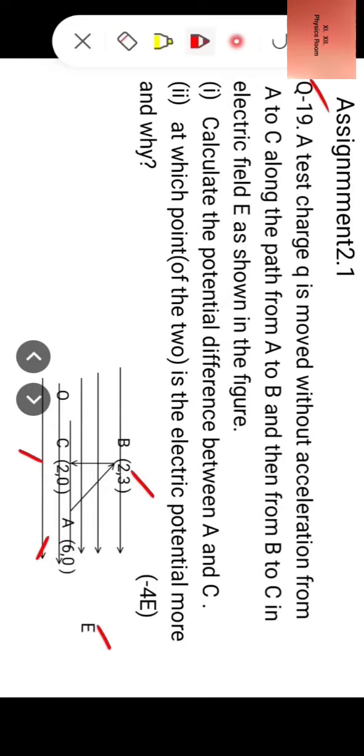Number 1, calculate the potential difference between A and C. Number 2, at which point of the two is the electric potential more and why? You crack these numerical problems on the basis of the text that you have learned.